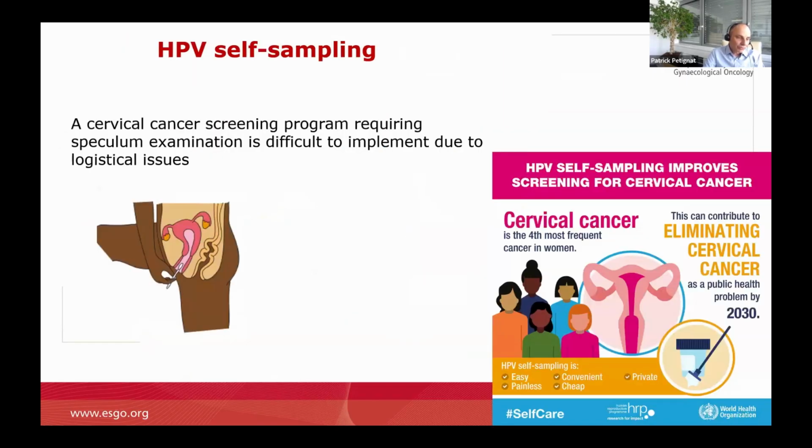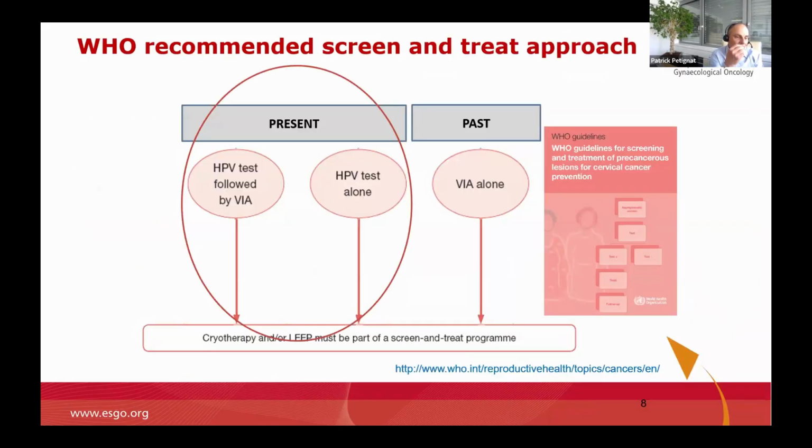The WHO now recommends a high-performance test. Before, it recommended VIA, but for VIA it is very difficult to have quality control, and there is a very large difference between observers.